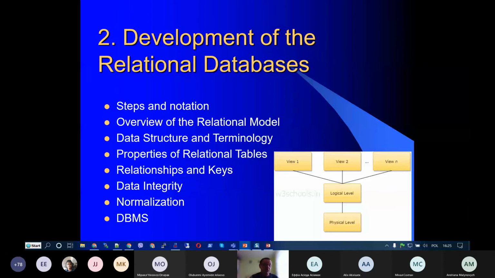Now to tell more about the development of a relational database, I will try to go through the steps and notation used in relational database development. Then we provide some more detailed overview of the relational model.